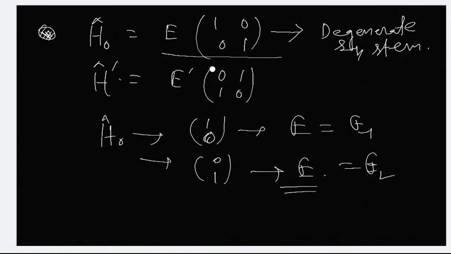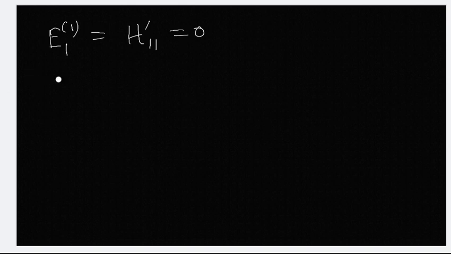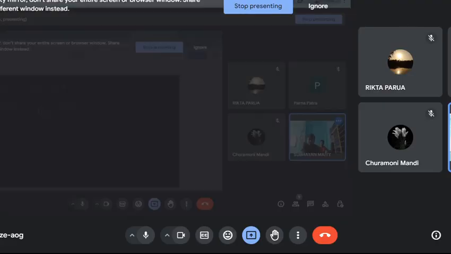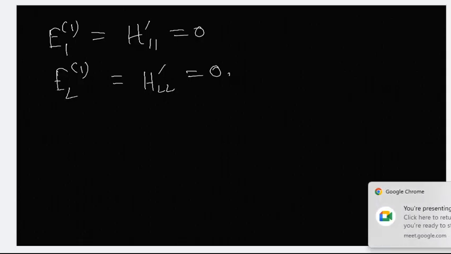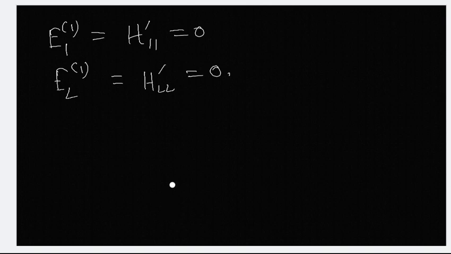The diagonal terms of this perturbing Hamiltonian are 0. And also E_2^1 is equal to H'_22, which is 0. Okay. So this is very interesting because you don't have a correction, at least up to first order, for this perturbing Hamiltonian.